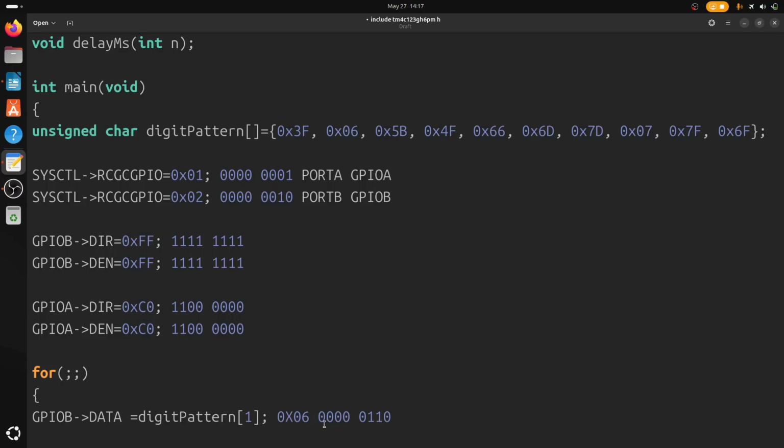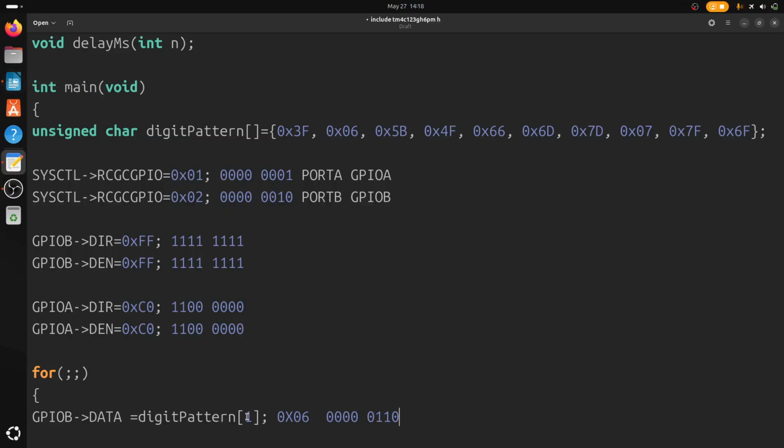So in bits 0 to 7, in pins 0 to 7 of this port B, we are supplying this value, right? We are going to supply these values because we want to display the digit 1.